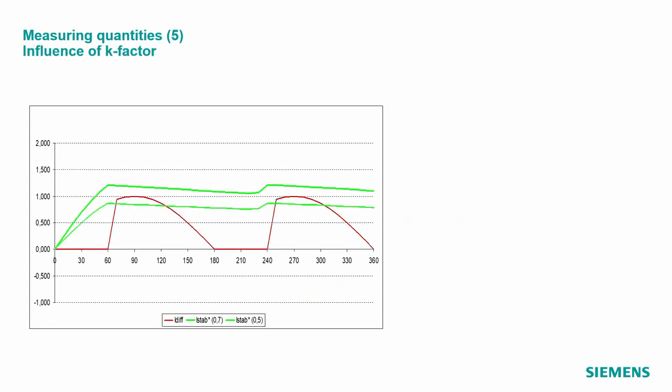So let's work with more proper stabilization factors. Here we see with a stabilization factor of K is 0.5, it could be critical. So at least 2 times the differential current is above the modified stabilization current. This means a risk may happen, but with a stabilization factor here in this example of K is 0.7, we see everything is fine, we would not risk any trip.